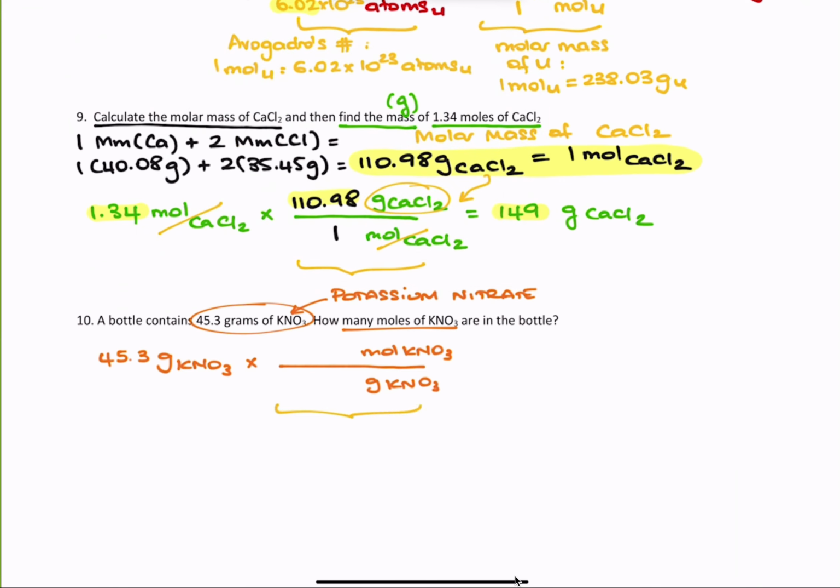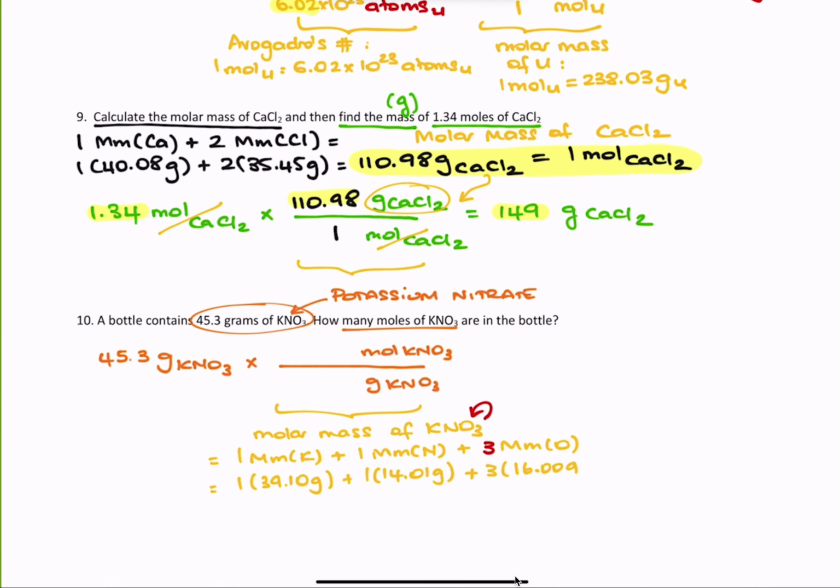This conversion uses the molar mass of KNO3, which we can calculate by using the periodic table: 1 times the molar mass of K plus 1 times the molar mass of N, and be careful, 3 times the molar mass of O. Therefore, 1 times 39.10 grams plus 1 times 14.01 grams plus 3 times 16.00 grams.